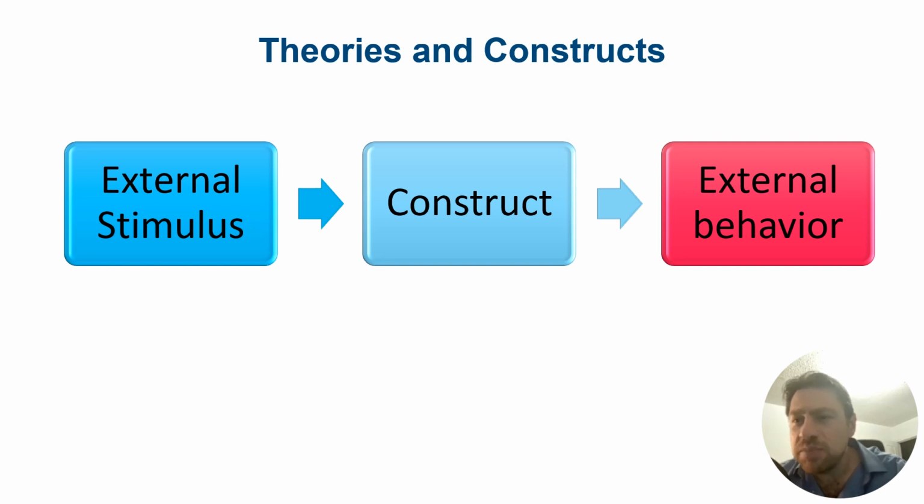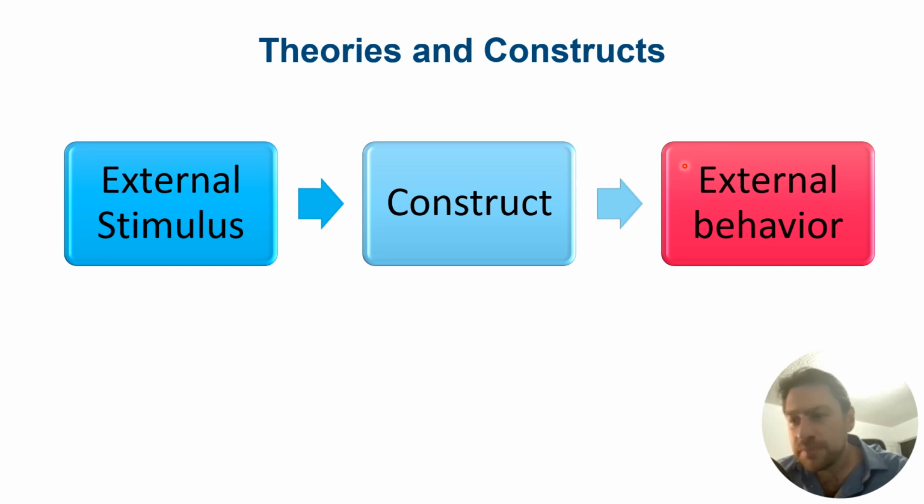Okay, so here's a simple model that we can use to understand this process and the role of constructs. So let's say there's some environmental stimulus that you experience, and this stimulus affects a construct. Then the construct affects some behavior, and this is where your measurement is going to occur.